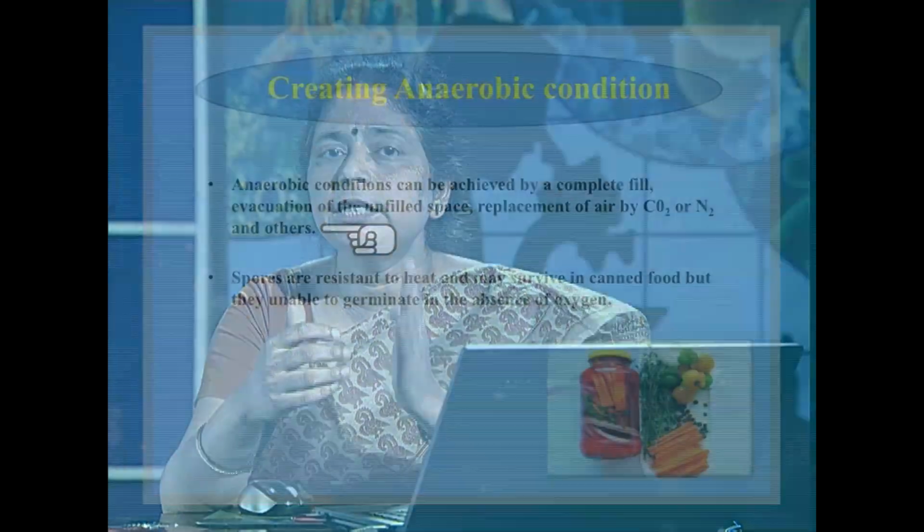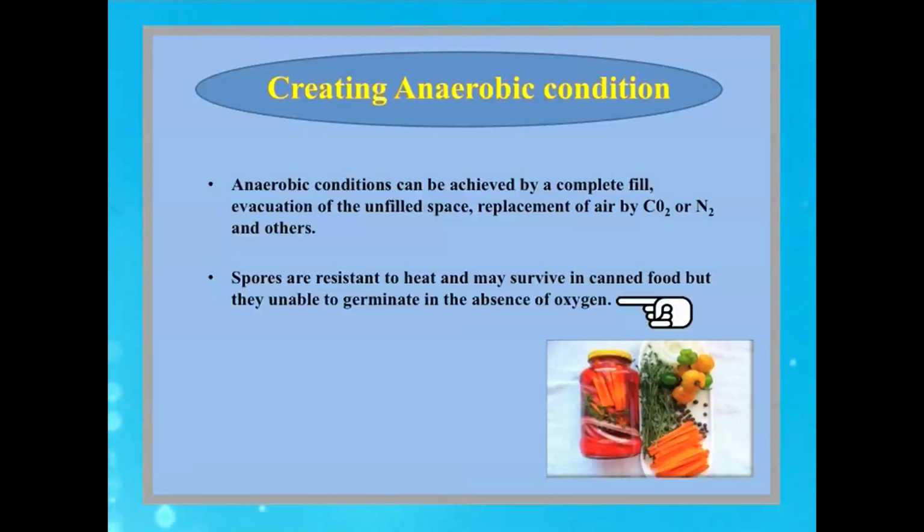Now, the creation of the anaerobic condition is very important in the case of spores. There are many spores, I told you, they can resist a high temperature and high pressure. So, they escape the process of canning. However, when the same thing is subjected to anaerobic conditions, they will not survive because there will not be any supply of oxygen and therefore they will not grow.